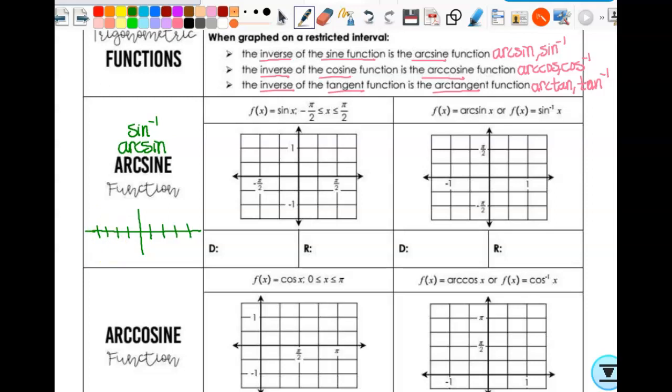So I know that for a sine function, I should also have a 1 and a negative 1 here. For the sine function, at 0, it's 0, and it's also 0 at pi and at 2 pi. So that means we have it at negative pi and negative 2 pi.